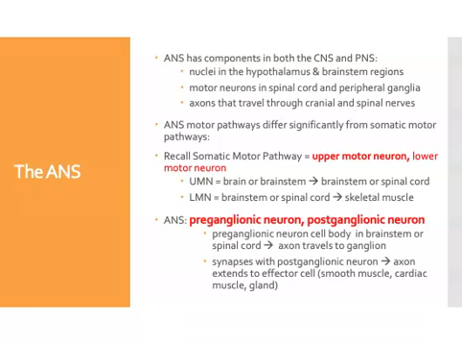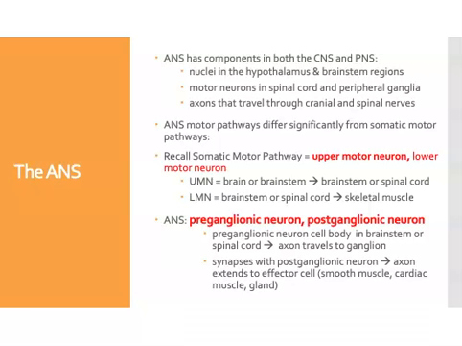The upper motor neuron is originating either in the brain or the brain stem and is traveling out either to the brain stem or to the spinal cord. The lower motor neuron then travels from, again, either the brain stem or the spinal cord out to skeletal muscle.